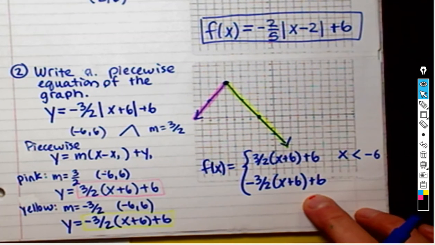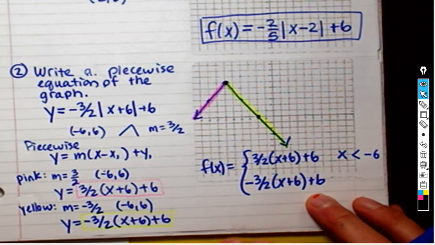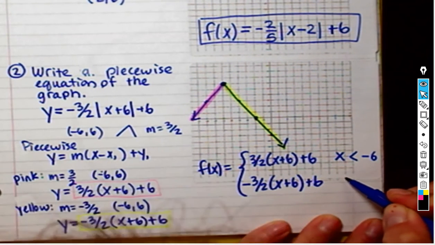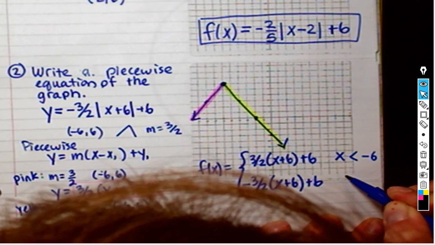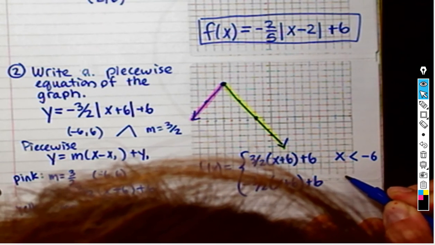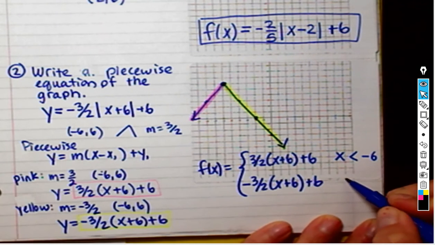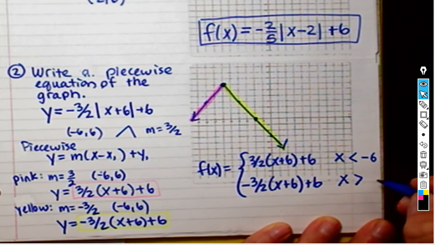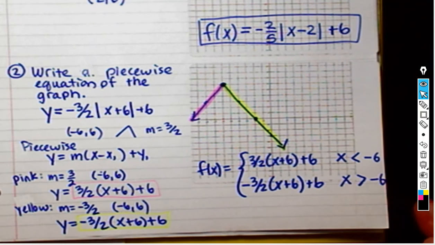Adam, the domain of the yellow piece. Yellow piece. It would be x is greater than -6. Yes. Okay.